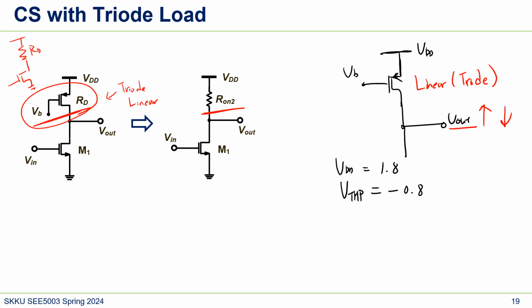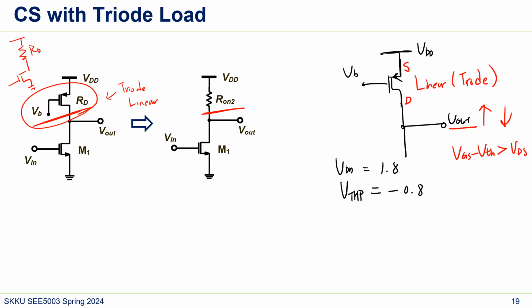This is important. Vout should be high, right? Because here is source and here is drain. So to make the MOSFET linear, VDS should be small. Here in NMOS, VGS minus VTH should be larger than VDS. That's the condition for NMOS triode. This is the same, so we just need a small VDS.